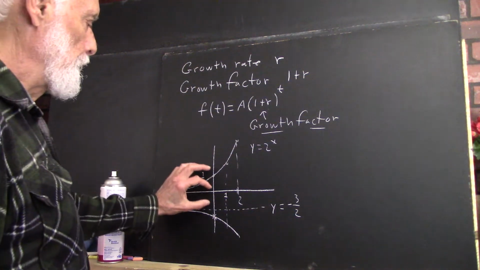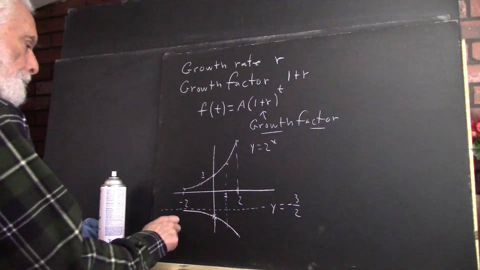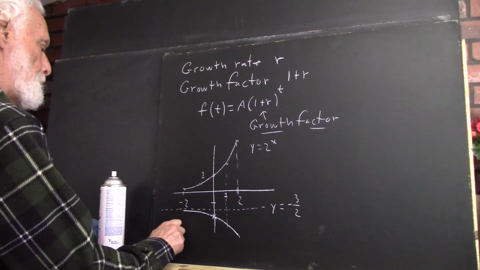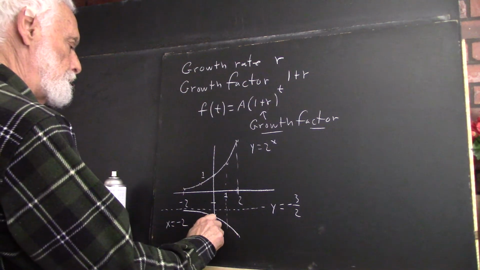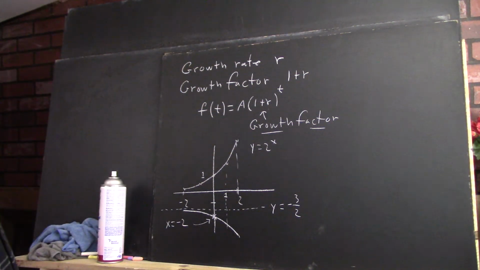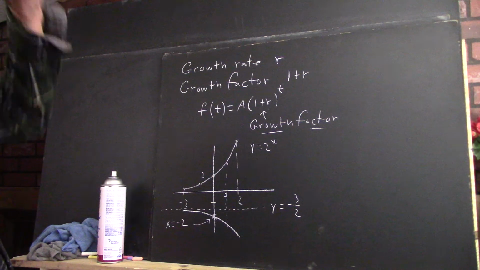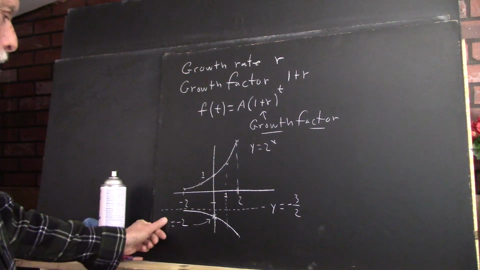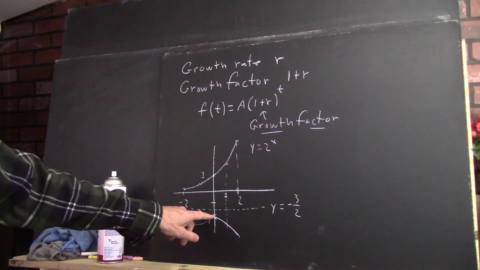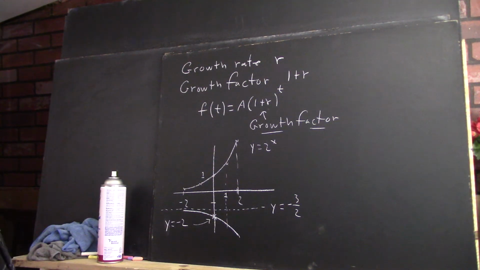And let's say this point is x equals -2. So here's -1, -2. Did you mean to say y -2? Yes, I did. Thank you. Welcome. Okay, so we have y equals -2 here.